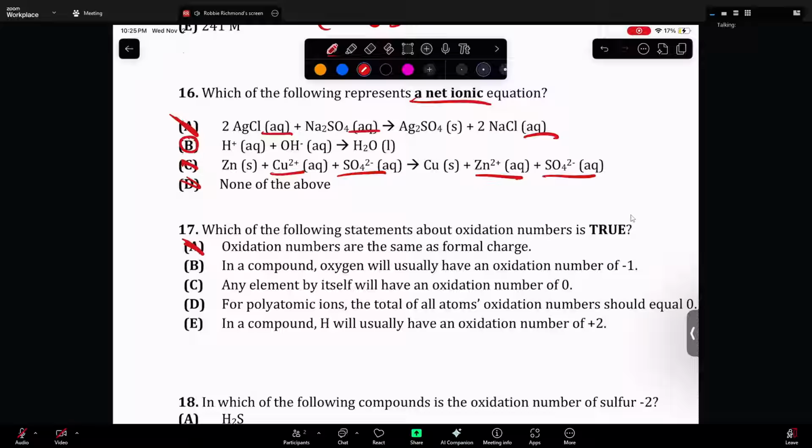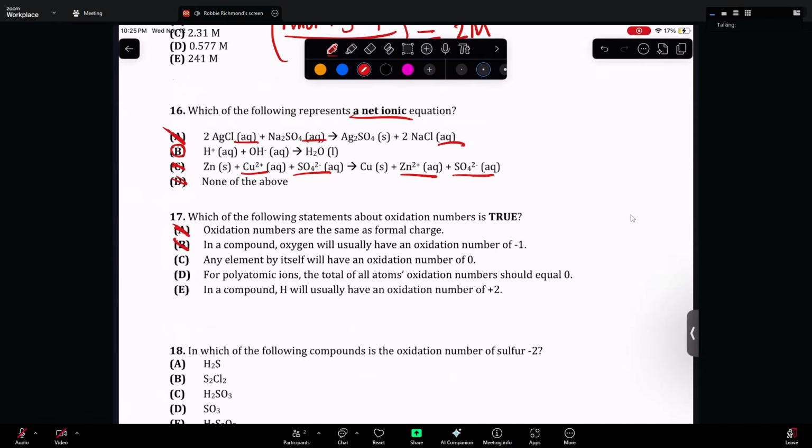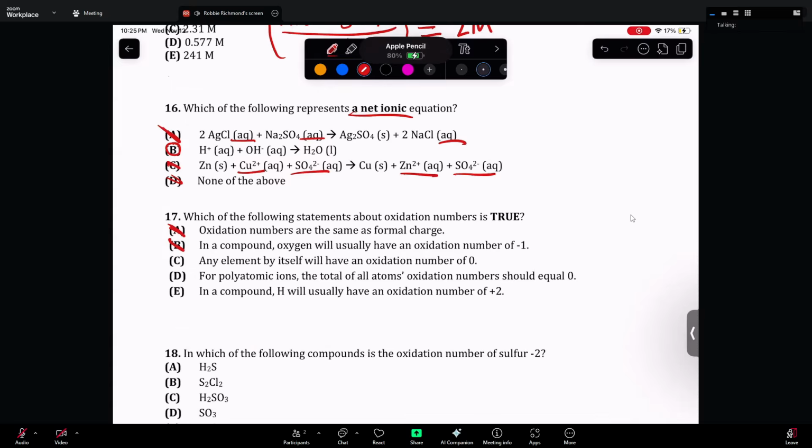B, in a compound, oxygen will usually have an oxidation number of -1. If we remember that little chart that you should have probably written down on your exam, oxygen will have an oxidation state of -2 within a compound. C, any element by itself will have an oxidation state of 0. That is true. D, for polyatomic ions, the total of all atoms' oxidation numbers should equal 0.